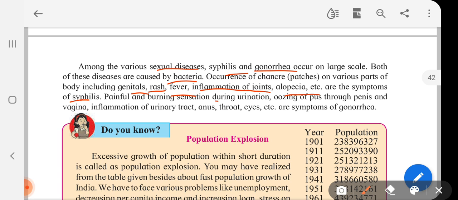Painful and burning sensation during urination, oozing of pus through penis and vagina, inflammation of urinary tract, anus, throat, eyes, etc. are the symptoms of gonorrhea. So these are some sexual diseases. If you maintain reproductive health, you remain protected from such diseases. So here we have finished with this chapter.